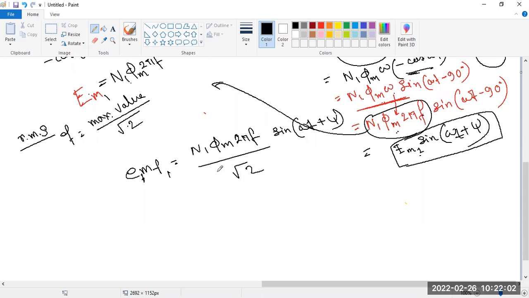So this is the EMF RMS value. If we do this, you can see this 2 pi and that 2 pi and root 2, if you divide it, you get 4.44.